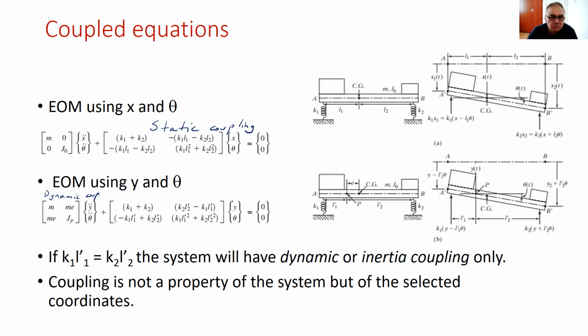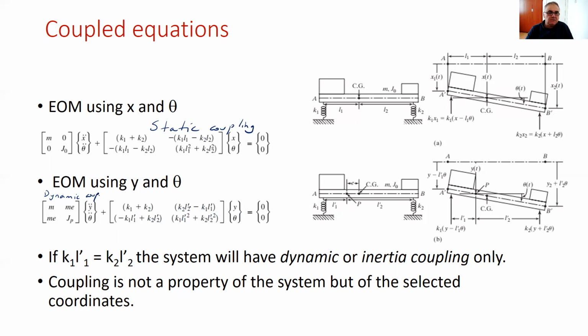But if you select this e value such that K1L1 prime is equal to K2L2 prime, these terms are going to drop and you will have no static coupling. You can select e so that they are equal, and in that case, your system is not going to have static coupling.